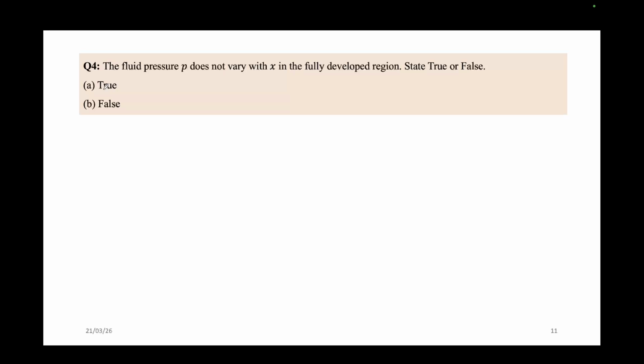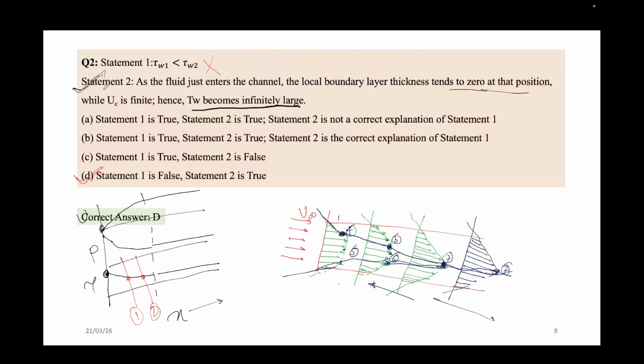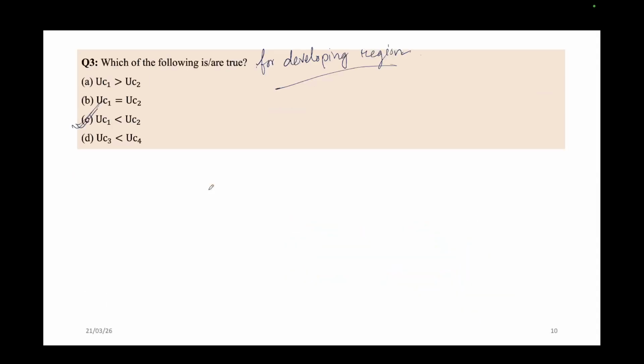Because as I have shown earlier, initially it is the inverse of this velocity profile. So the pressure profile initially decreases and after that it remains constant in the fully developed region. So that's why it is true. Good. Next.